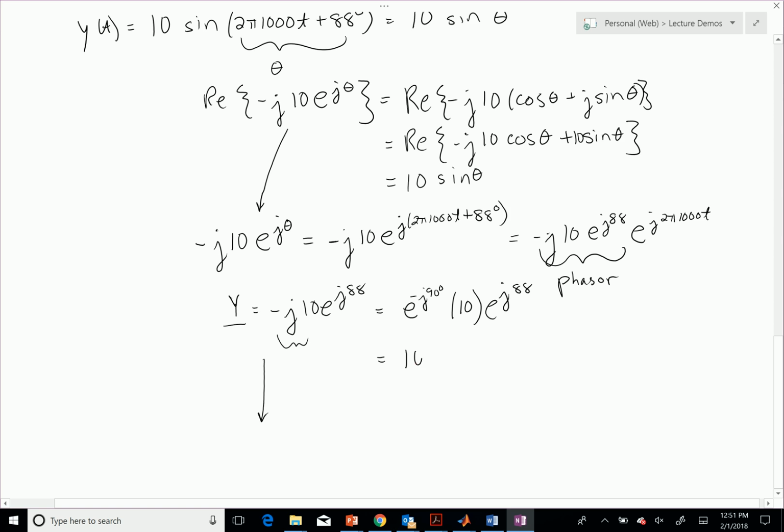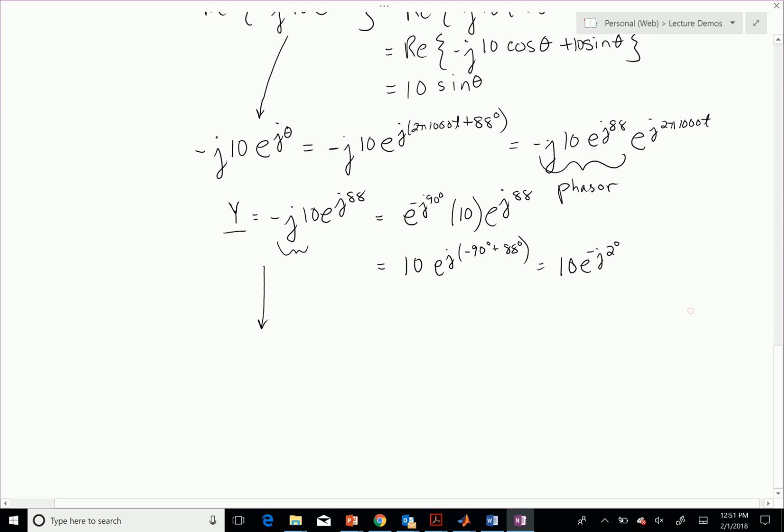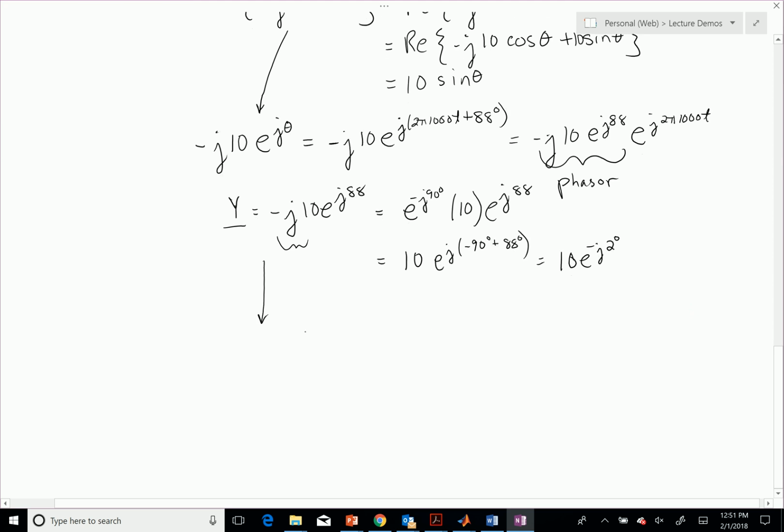So I get 10 times e to the j negative 90 plus 88, or 10 e to the j negative 2 degrees, like that. So that says that my y of t is the real part of my y phasor e to the j omega t.